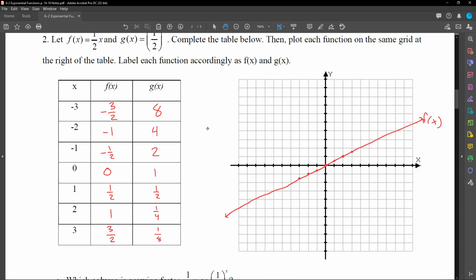Now g of x, we've got the points negative 3, 8, negative 2, 4, negative 1, 2, 0, 1, 1, 1/2, 2, 1/4, and 3, 1/8. So again, notice what happens as x increases this time.